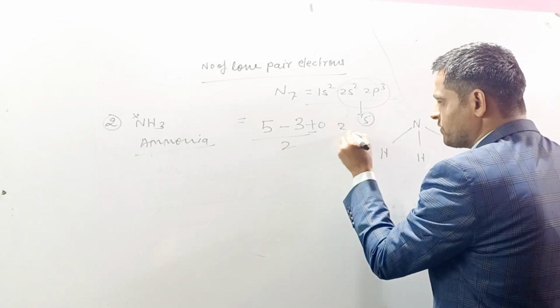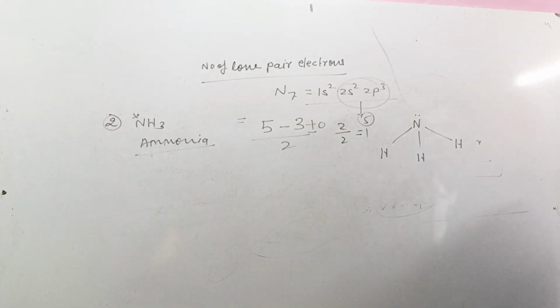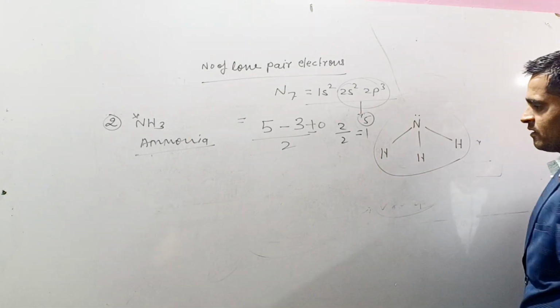So 2 divided by 2 equals 1, and 1 is this lone pair. So this is the complete structure of ammonia.